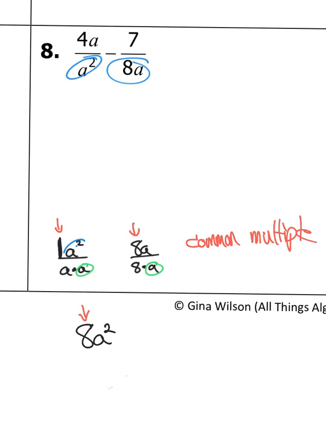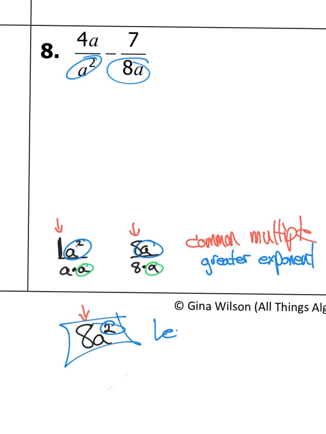And then for the variables, you're just going to look for the greater exponent. The greater exponent would be 2 in this case, so that's my least common multiple.